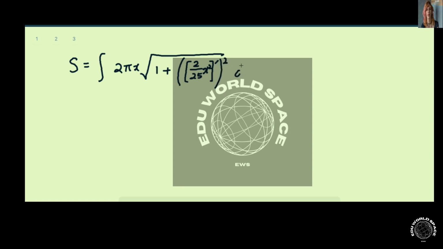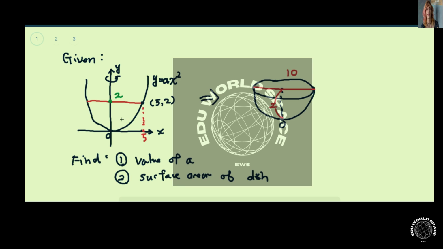Okay, dx. Also, to solve for x, we want to find out what the integration bound is. We need some numbers from here to here, right? Now, let's go back to the graph. We are going to integrate about x from 0 to 5 because that's the radius of the circle, okay?